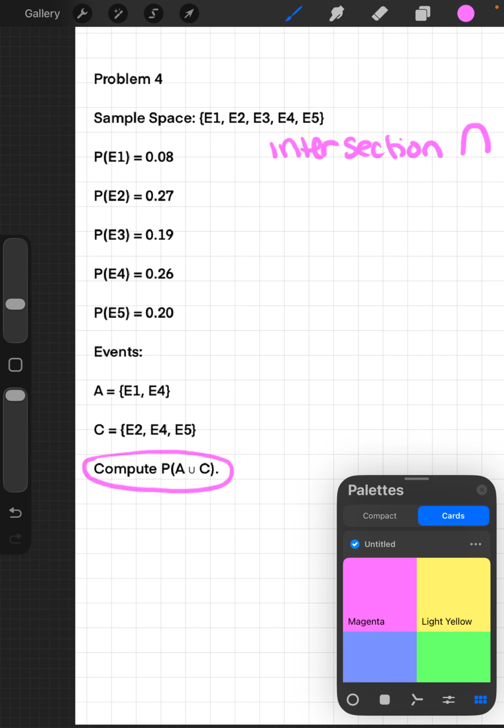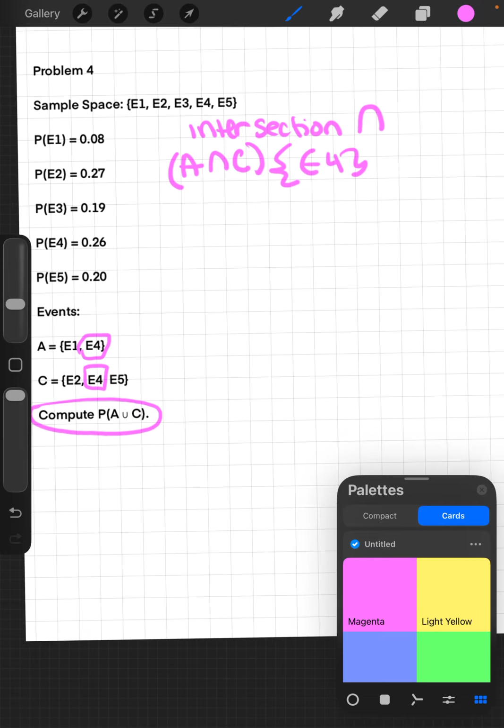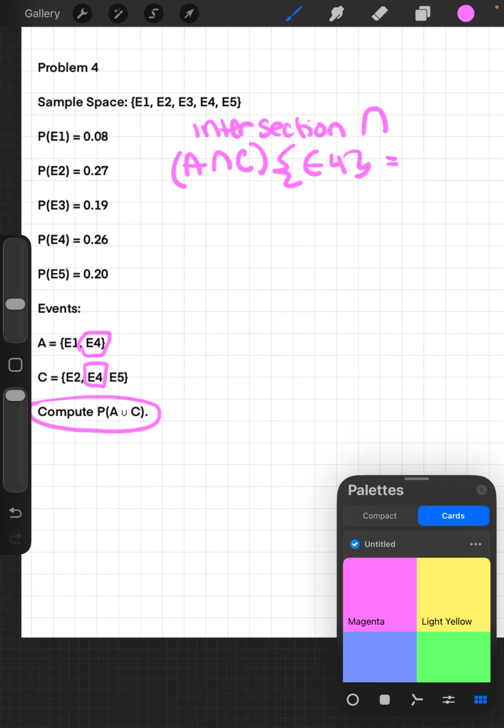This is our N. So I'm going to do A and C. Let me see, I see these two, so E4, and this is equal to 0.26.